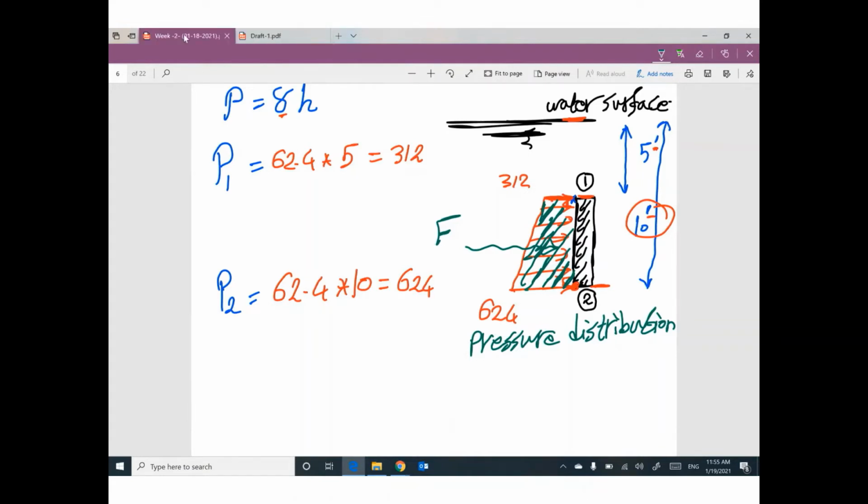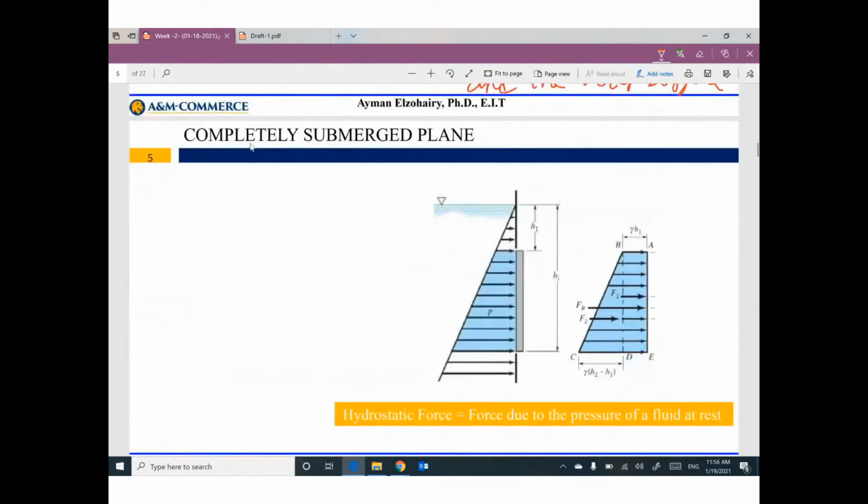So sometimes we have something called a submerged surface or submerged plane, like this one. So we have 2 points. At the first point here, we will have pressure. The second point will be here. We have another value of pressure.